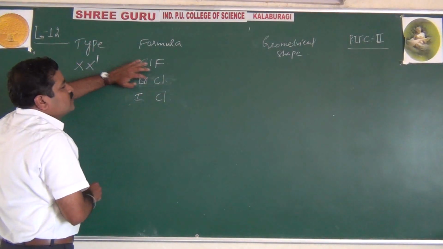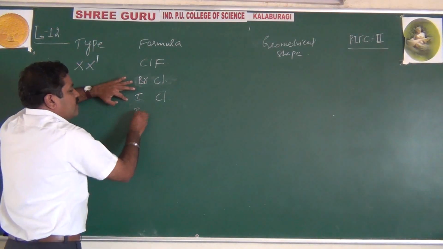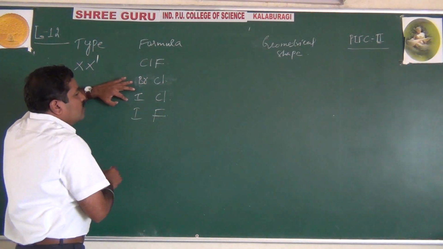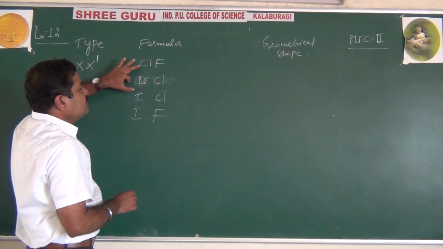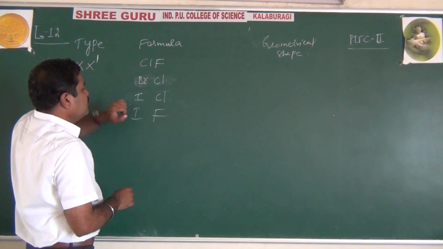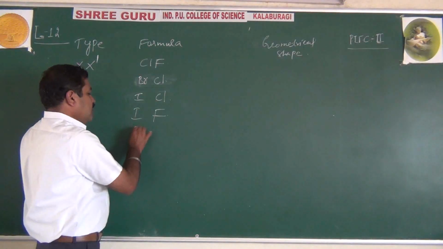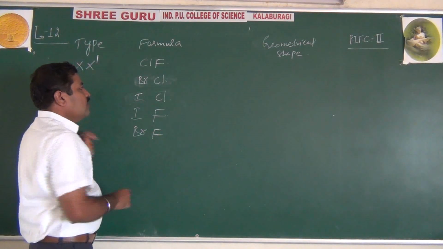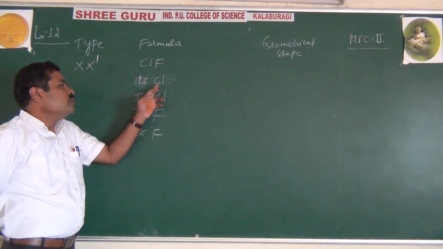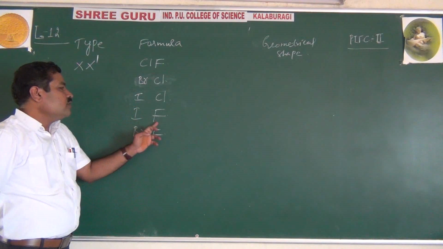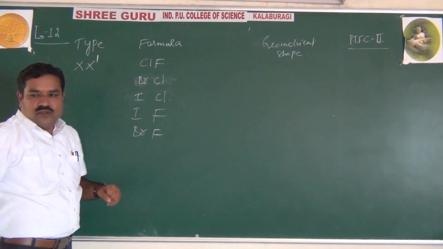The positive one should be the larger atom. IF is possible. Like ClF, ICl, IF, and even BrF. These are all chlorine monofluoride, bromine monochloride, iodine monochloride, iodine monofluoride, bromine monofluoride.